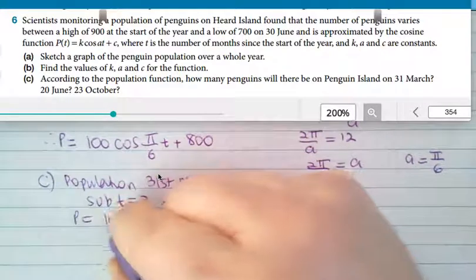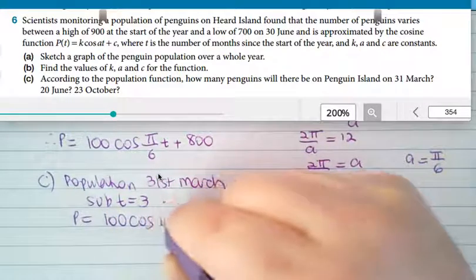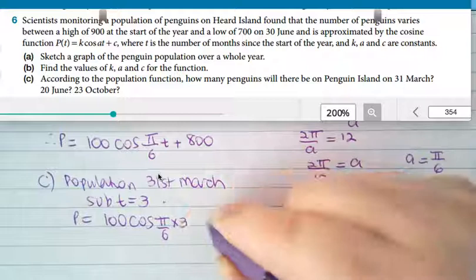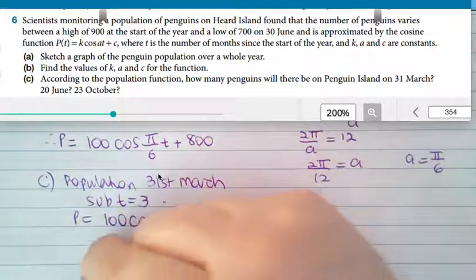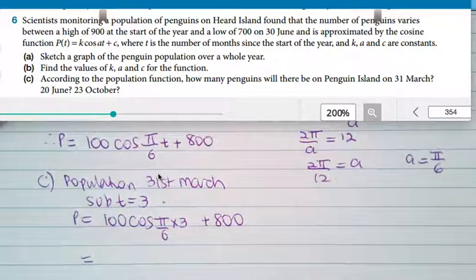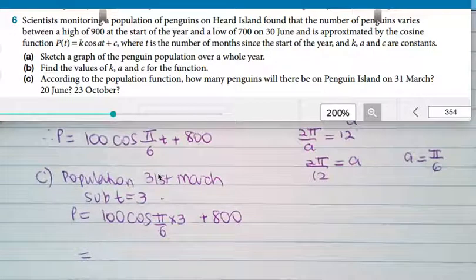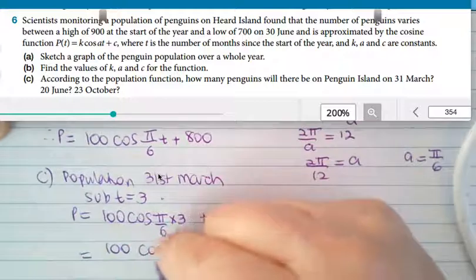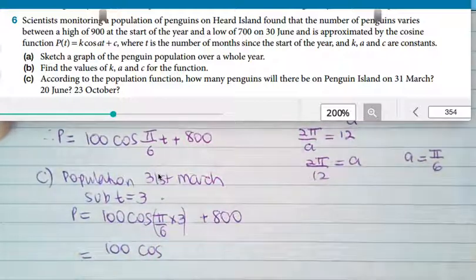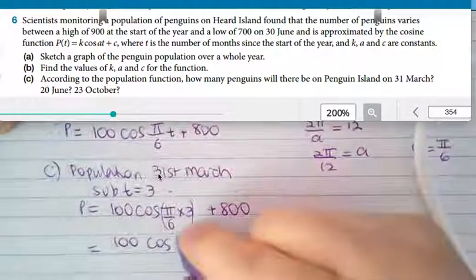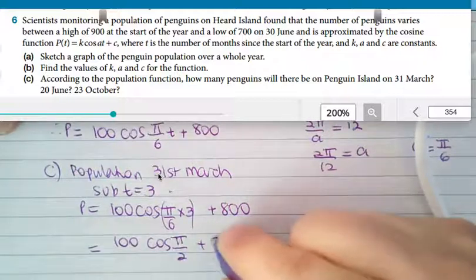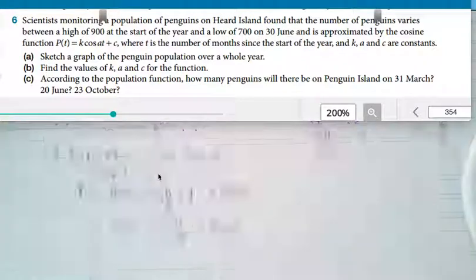So P is 100 cos pi on 6 times 3 plus 800. Got it? What's pi on 6 times 3? Cos of what? What does that simplify to? Cos of pi on 2? So what do you get? What's cos of pi on 2?